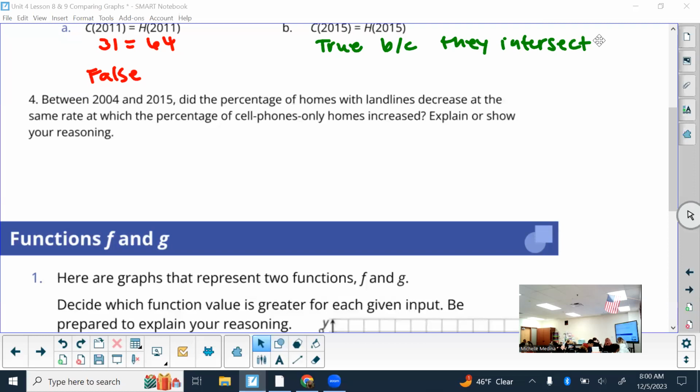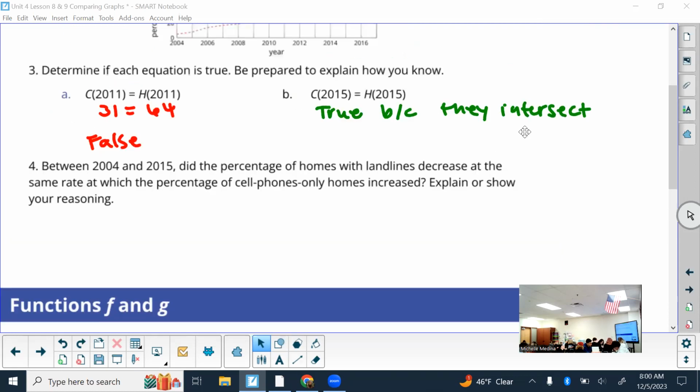Okay, so Tristan, what did you say for number 4? Did the percentage of homes with landlines decrease at the same rate at which the percentage of cell phone only homes increased?